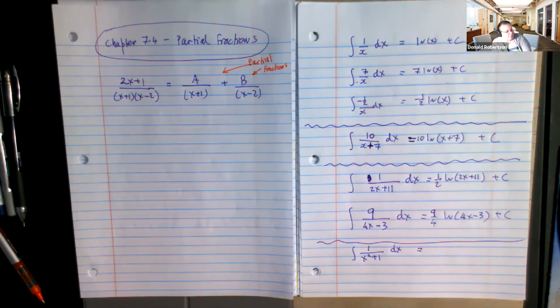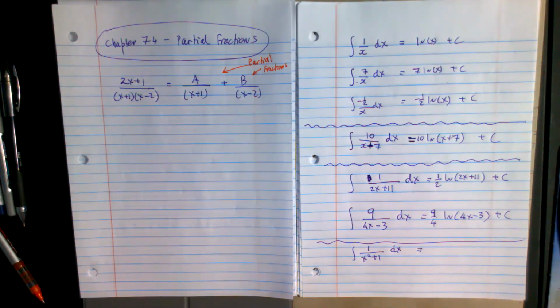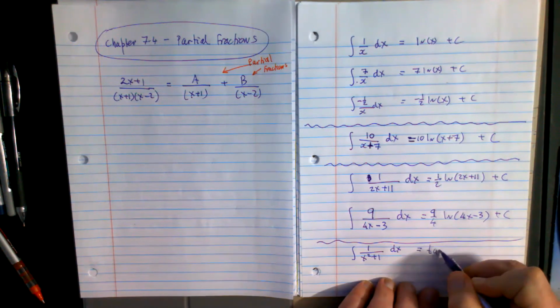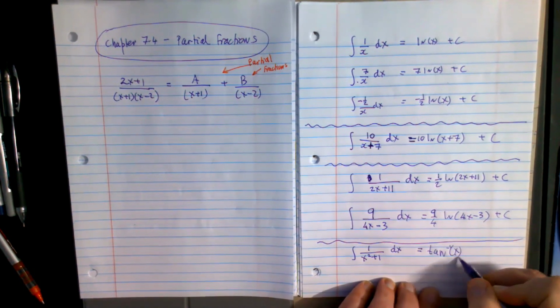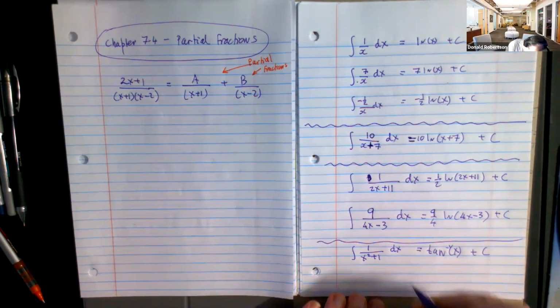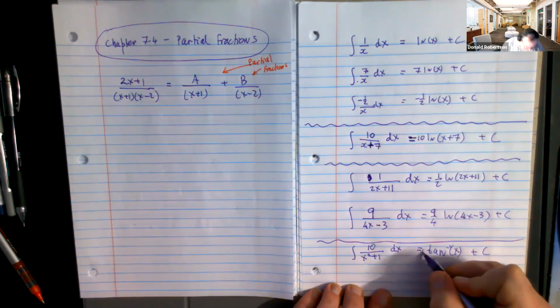It's an inverse somebody. Inverse tan. Yeah, that's the guy. Now, if it was 10 of these guys, wouldn't you just get 10 inverse tans?